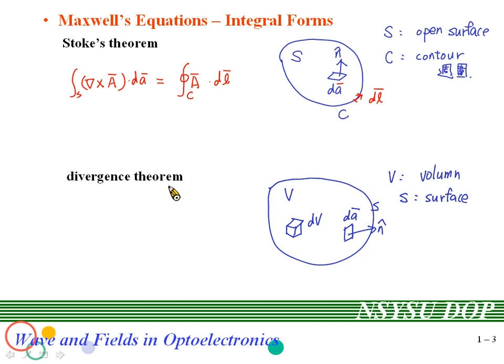After we define this, the divergence theorem tells us that if you perform the volume integral of divergence A, for a vector field A, this integral will equal the integral of A dot dA over the surface S. The S here is the surface of the volume.